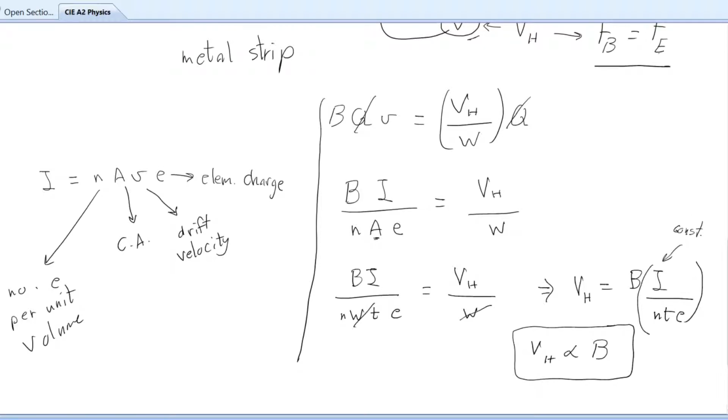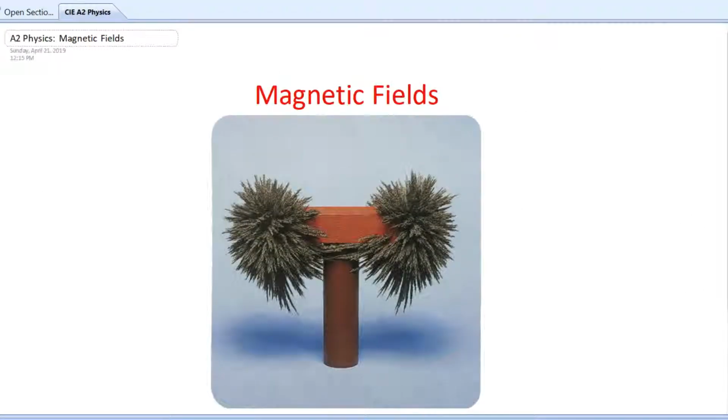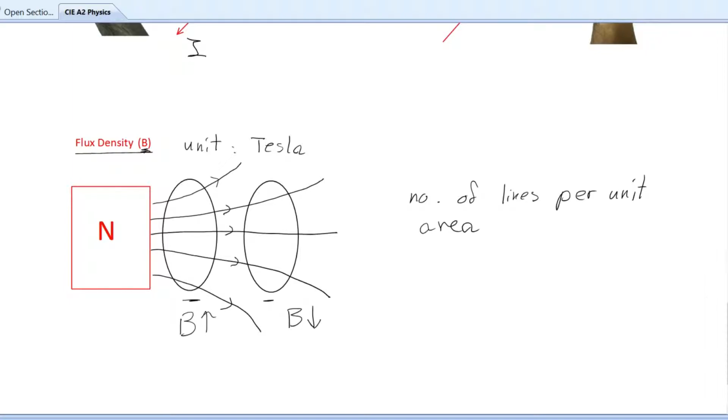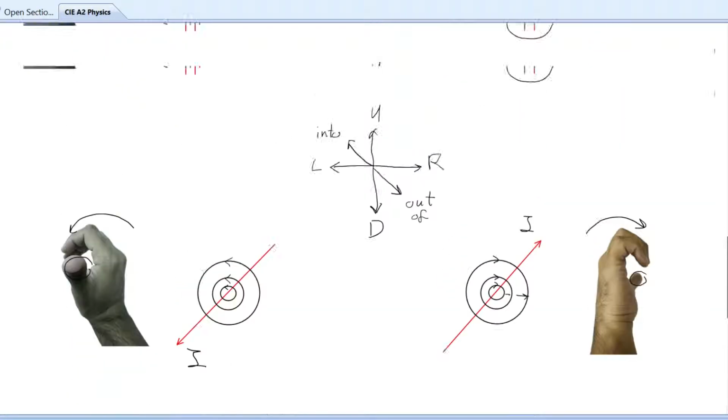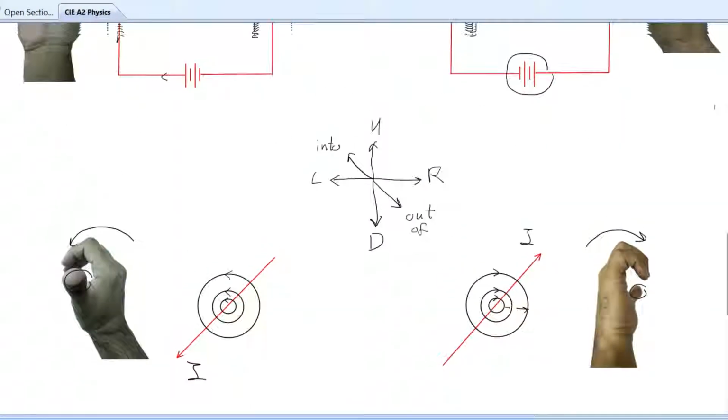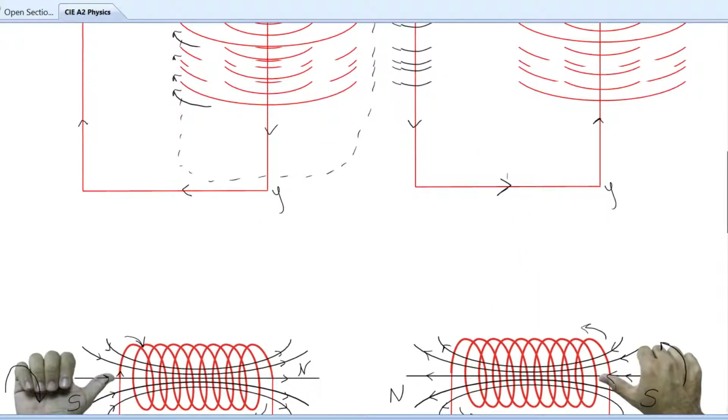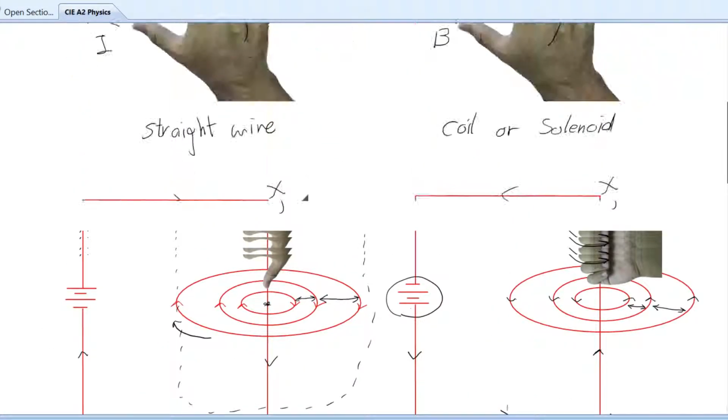So let's go over what we discussed. You can either be asked about directions of magnetic fields or the shapes of a magnetic field around a straight wire or a solenoid.